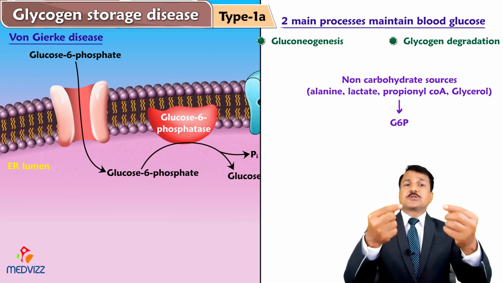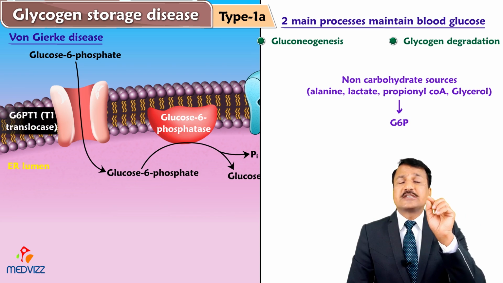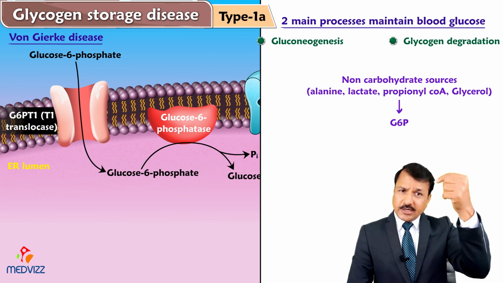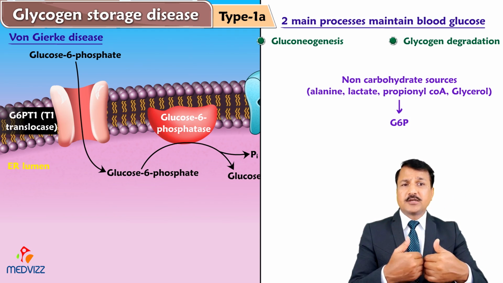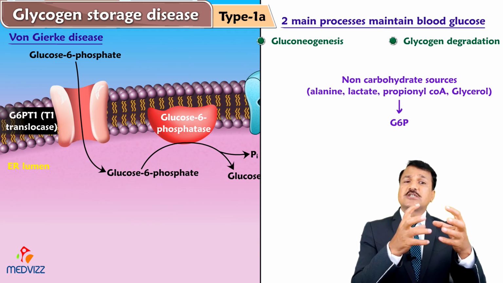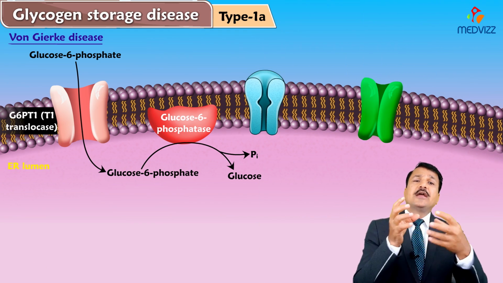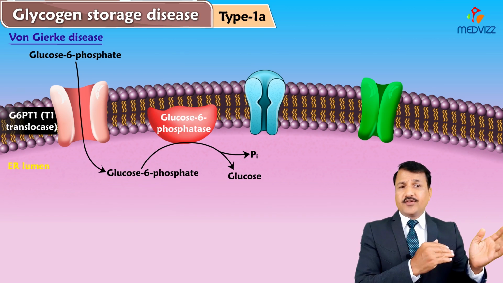That means glucose 6-phosphate has to go into the lumen of the endoplasmic reticulum, and that needs the T1 translocase protein. Once T1 translocase allows glucose 6-phosphate into the endoplasmic reticulum, the glucose 6-phosphatase enzyme, located in the endoplasmic reticular membrane, converts glucose 6-phosphate into glucose, and inorganic phosphate is released.